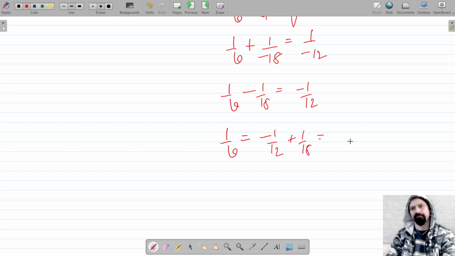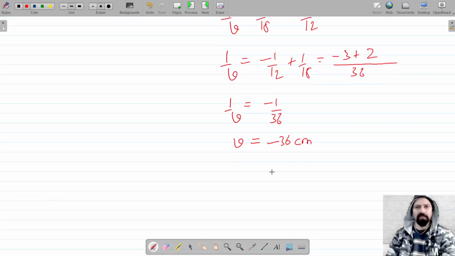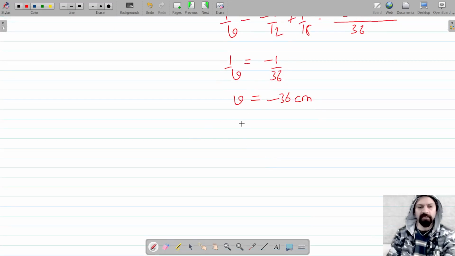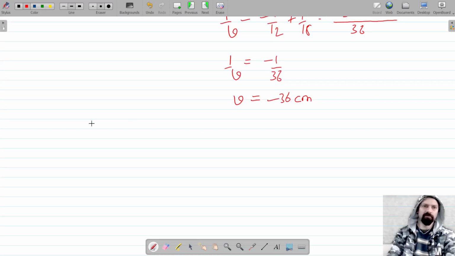The LCM of 12 and 18 is 36, so this is negative 3 plus 2. So 1 by v is equal to negative 1 by 36, which gives v equal to negative 36 centimeter. So the image is formed. Negative means the distance is in front of the mirror. So the image is formed in front of the mirror at a distance of 36 centimeter.